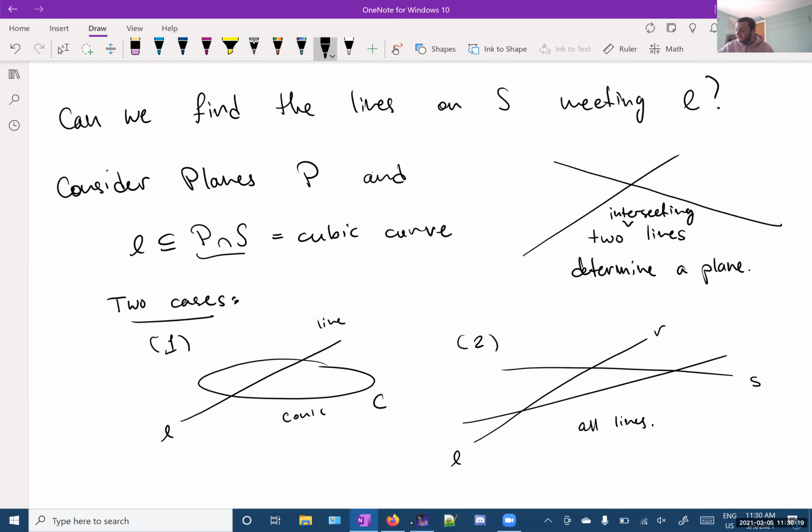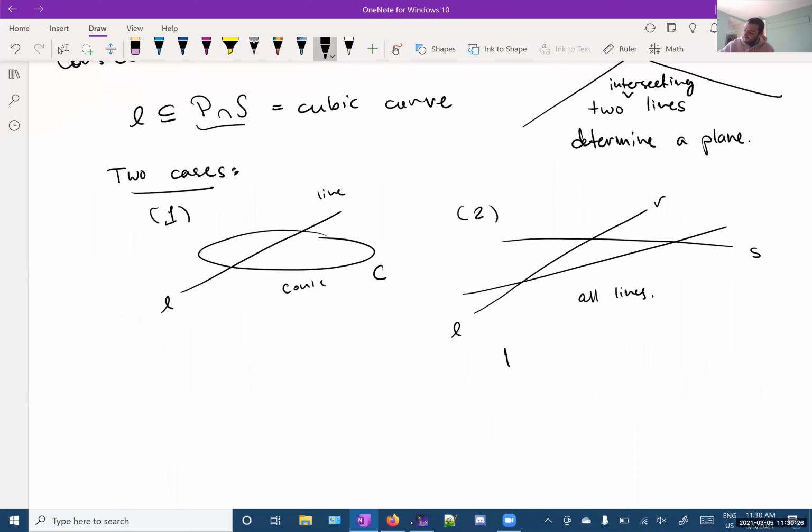And so the part that I care about is, when are we in case two? That is, when do I have a plane which intersects my surface with only lines? Because this is what's going to give me the lines intersecting L. So this is the question, and it is sort of a little intimidating.